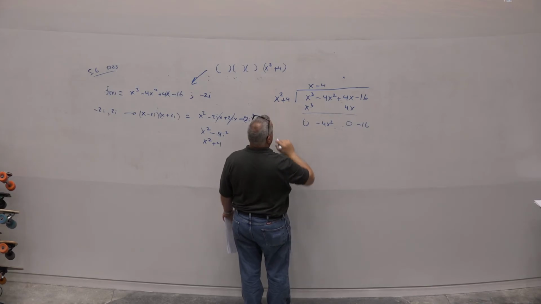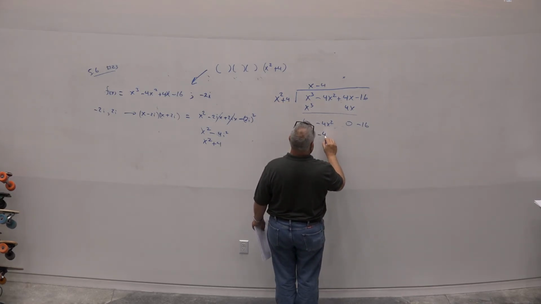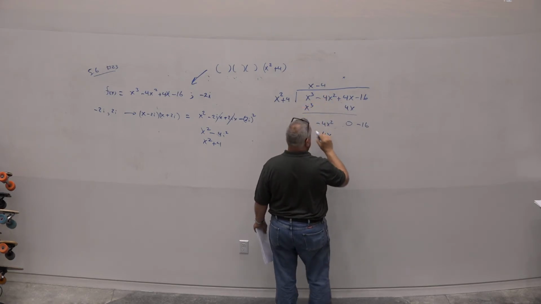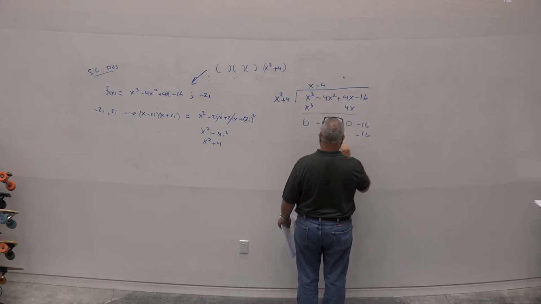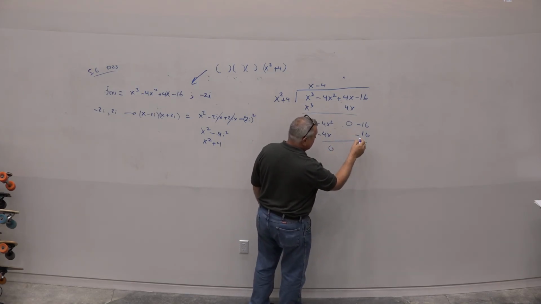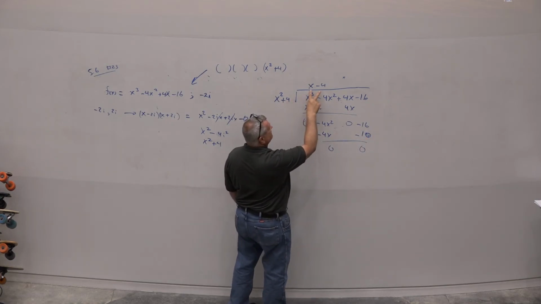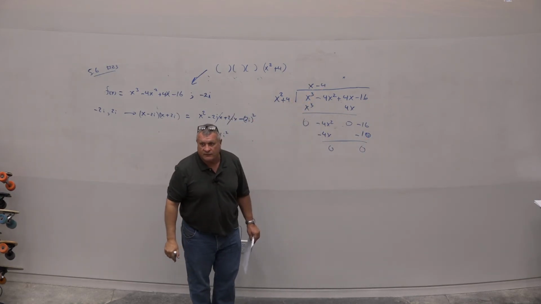Minus 4 times this gives me a minus 4x squared minus 4 times that, minus 16. Oh, this worked out good. That minus a minus, 0, minus a minus. There's no remainder. That means this thing went into this perfectly even.